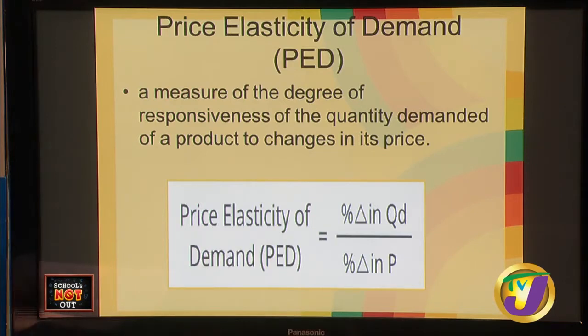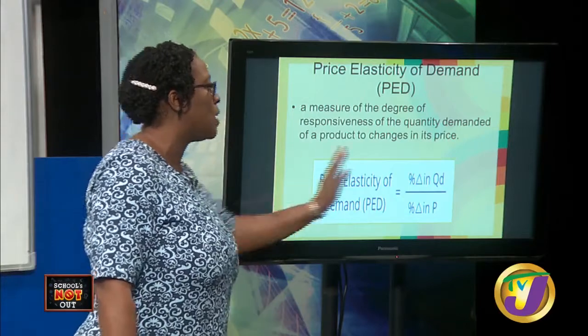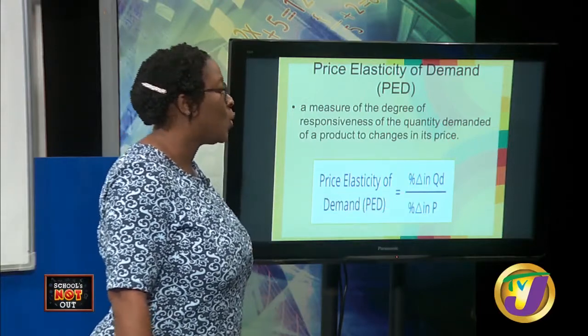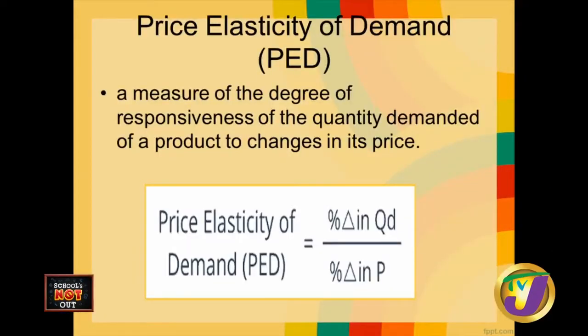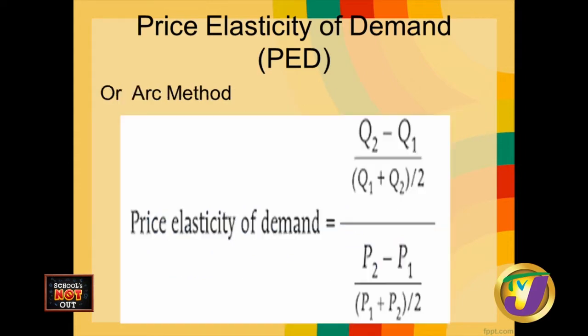Now, I know that there are some students, the minute you see figures and equations and all of those things, you start getting nervous, like myself. I don't like figures. You ask me to count to 10 and I get nervous. But we're going to go through it together and you're going to see it's very simple to calculate.